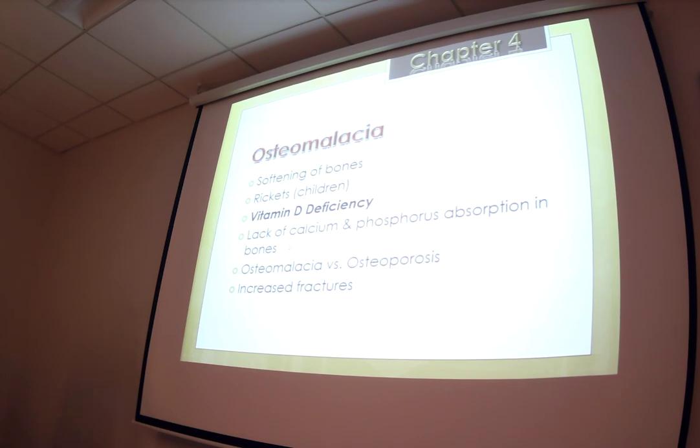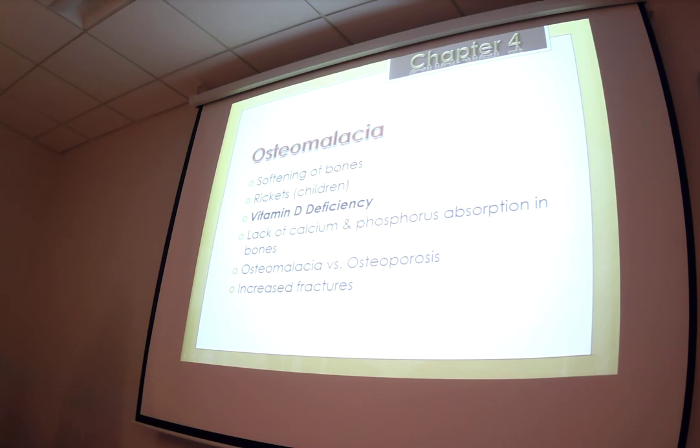So vitamin D is necessary to help the body absorb and use calcium to build bones. A lack of vitamin D won't allow the calcium and phosphorus to be absorbed in the bone. So that leads to a softening of bones.